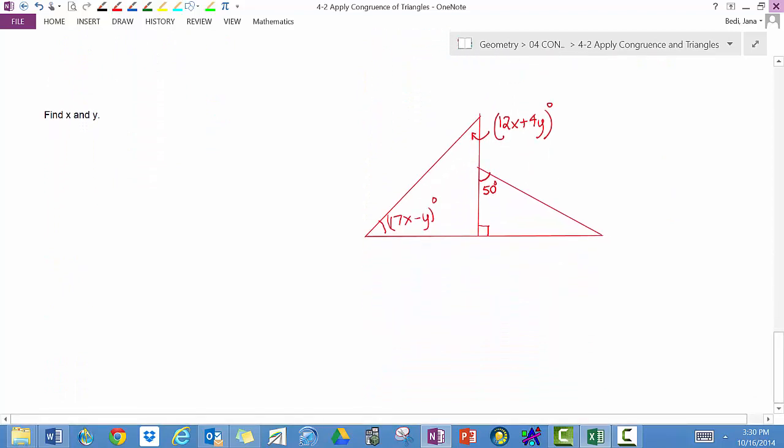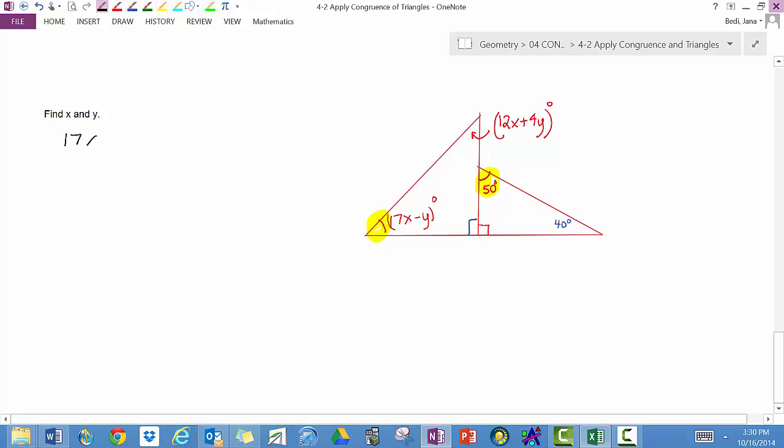So given some congruency information, we can use it to solve for triangles. If you look at this figure, on first sight you see that there is one right angle, but that means this is also a right angle. So in the triangle on the right, if this is 50 degrees, the other angle is 40 degrees. We know that this angle and this angle are congruent because they're shown to be congruent.